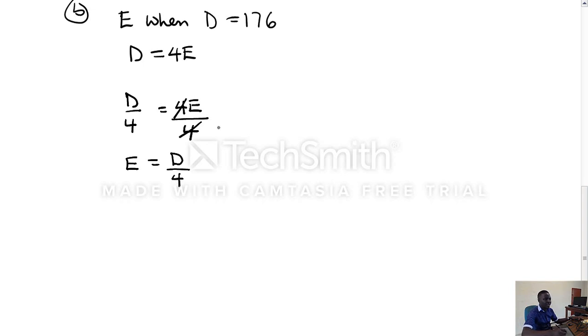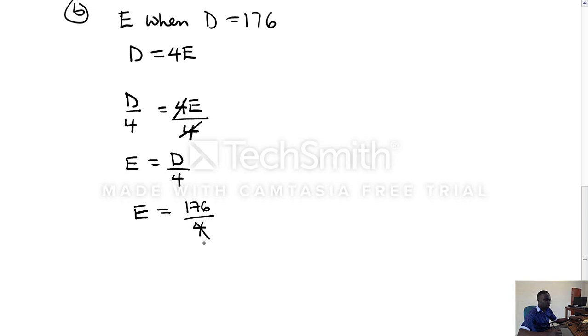But we have been given the value of D to be 176. So we are going to substitute D for 176, which gives E is equal to 176 divided by 4.